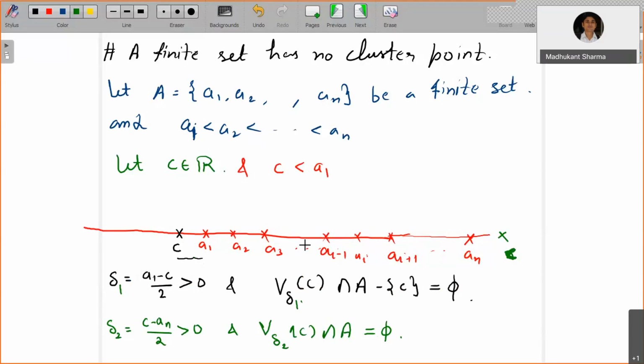Now suppose C lies anywhere between a1 and an. Let's say C is somewhere here, between ai and a(i plus 1).